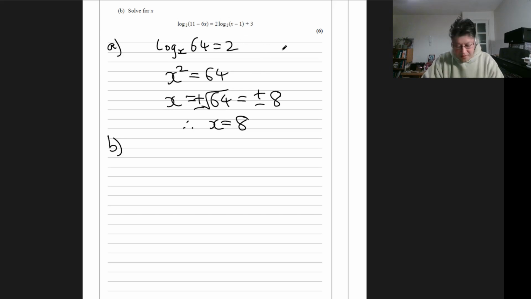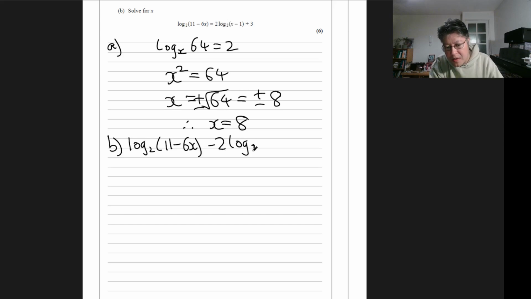So let's do that. Let's copy the first term that's already there: log base 2 of (11 minus 6x), and let's move over that term: minus 2 log base 2 of (x minus 1), and that equals 3.